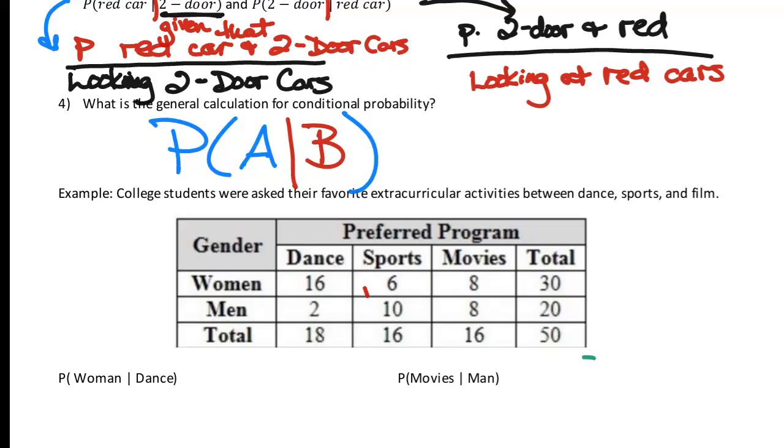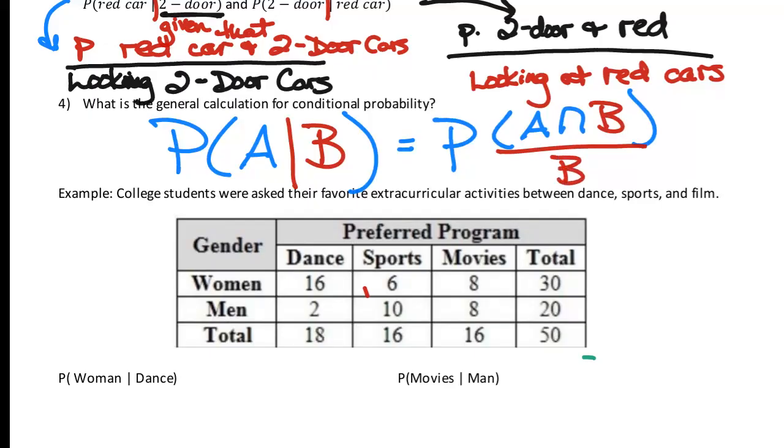This is what he was talking about. Conditional probability is equal to the probability of A and B, given B. So this B down here is your new denominator.